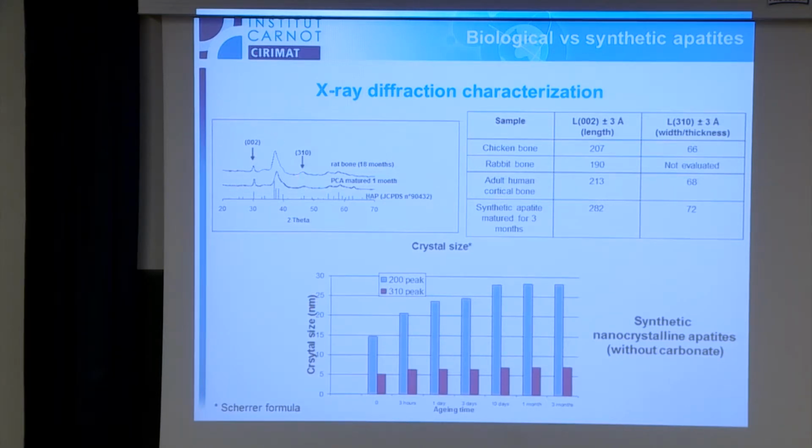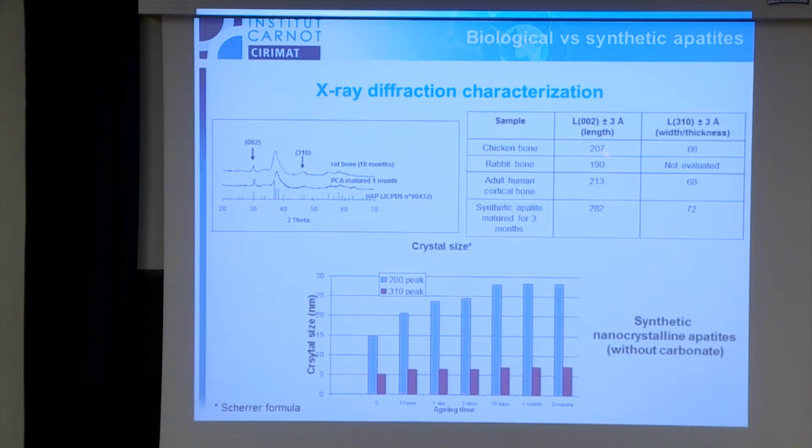So to have an evaluation of the size of these crystals, we particularly look at the 002 and 310 lines to have an idea of the apparent size of the crystallite. With the 002 band we have information on the length of the platelets, and with the 310 we have an evaluation of the width and thickness of the platelet crystals.